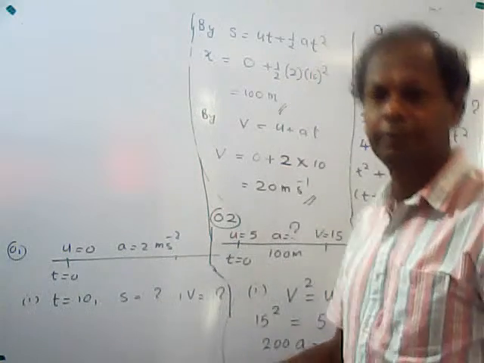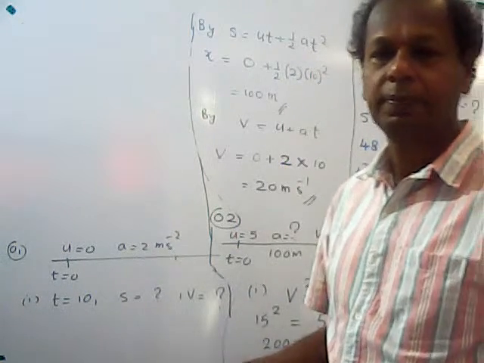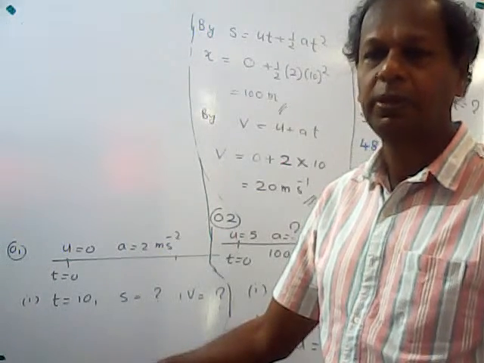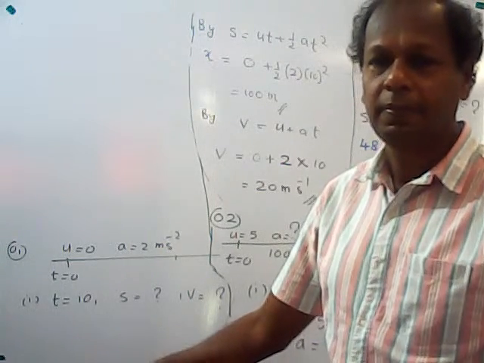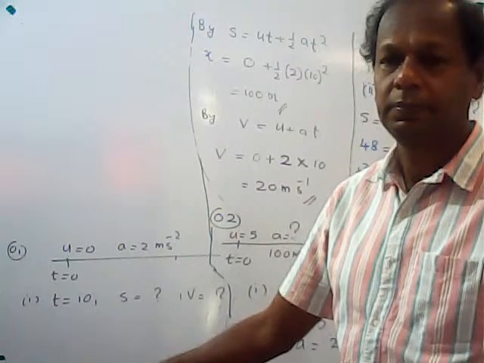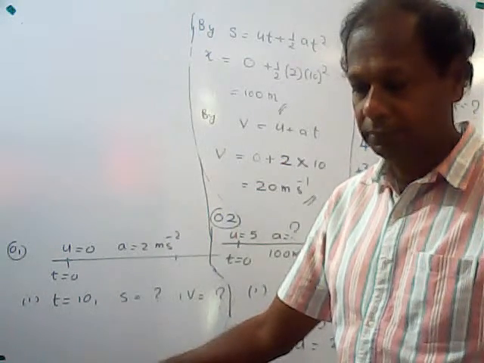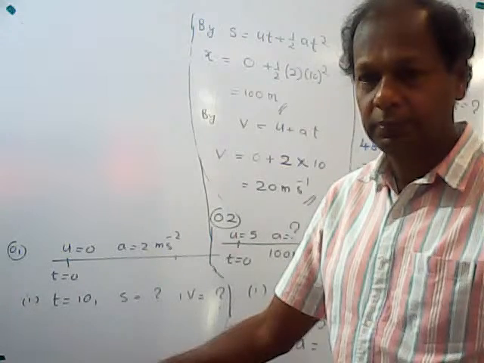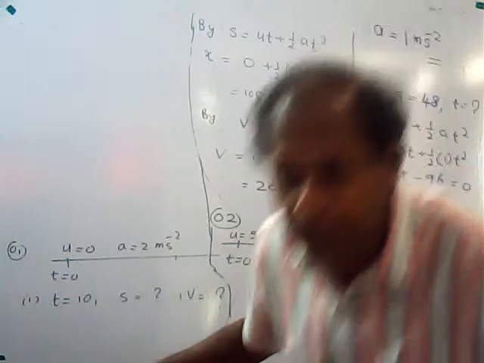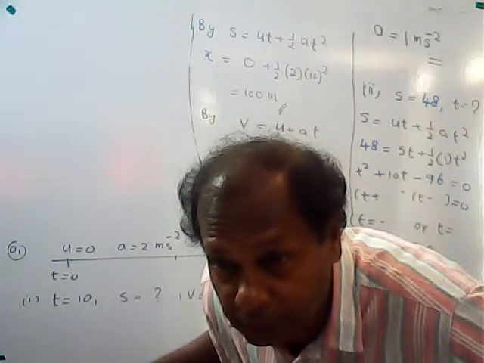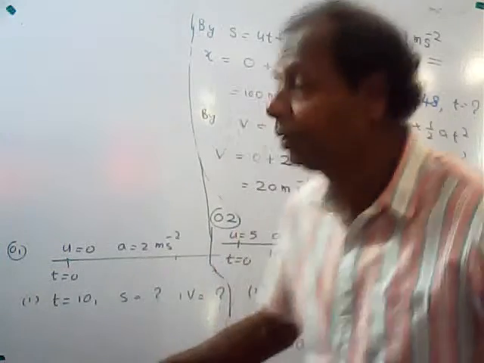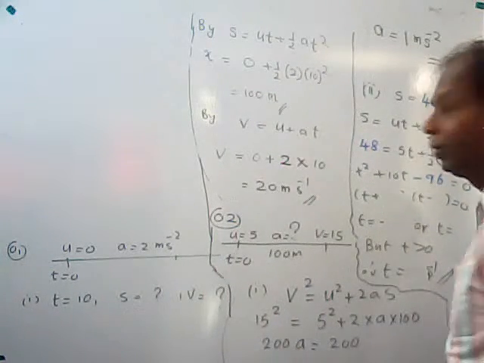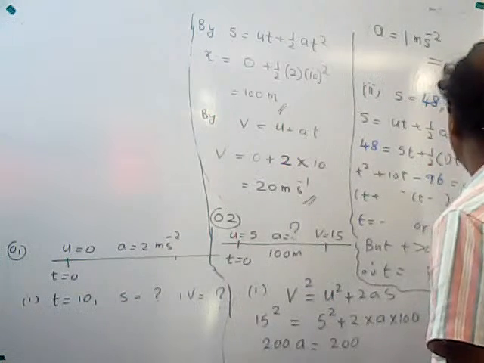What is your answer this time, with that change? Then the quadratic equation is not coming. It's not the same quadratic equation, but you will get something that you can solve.